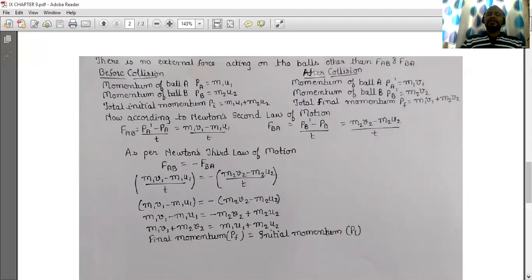Bringing the final velocities and initial velocities together, we get m1v1 plus m2v2 is equal to m1u1 plus m2u2. That is, final momentum Pf is equal to initial momentum Pi. In the absence of external force, the momentum of the body after collision and before collision remains the same.